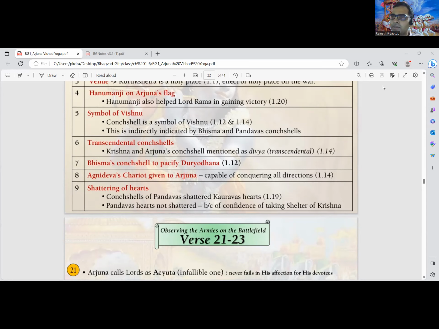For a devotee, he's ready to take the position of a charioteer also. That is the kind of affection he has towards his devotees. He's ready to take the orders from Arjuna because Arjuna is the fighter, and as he orders, the charioteer has to move. So he's ready to take that role also.